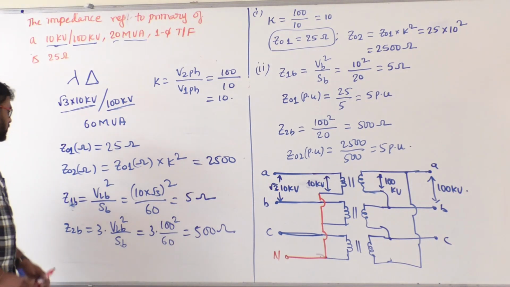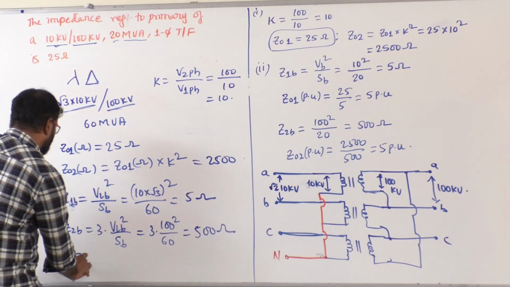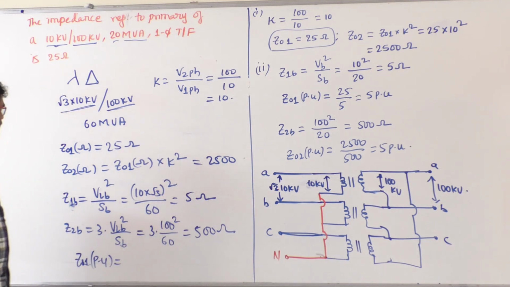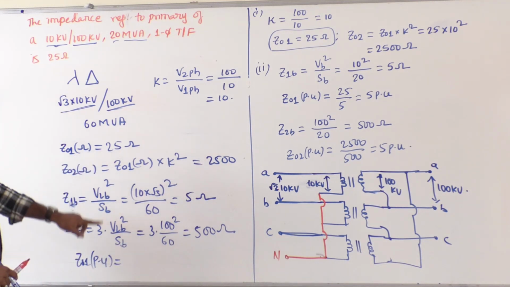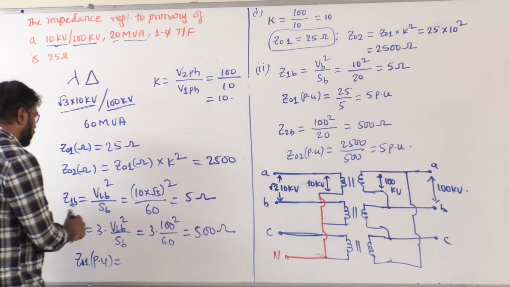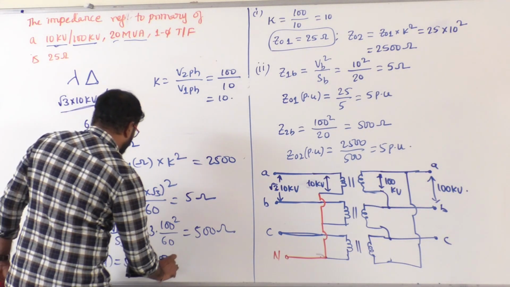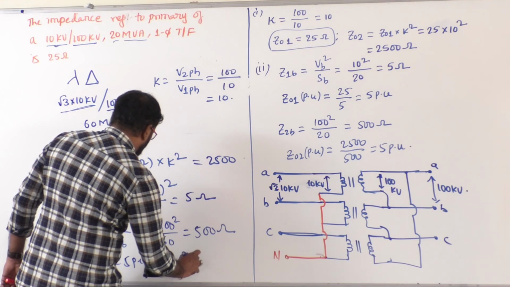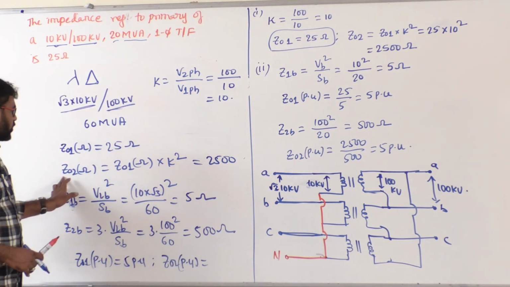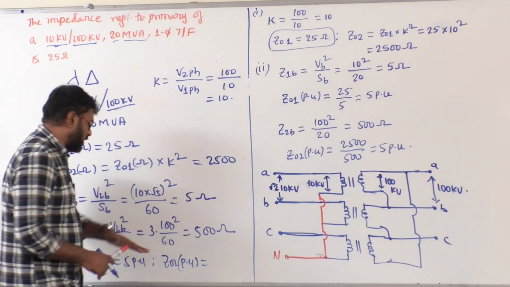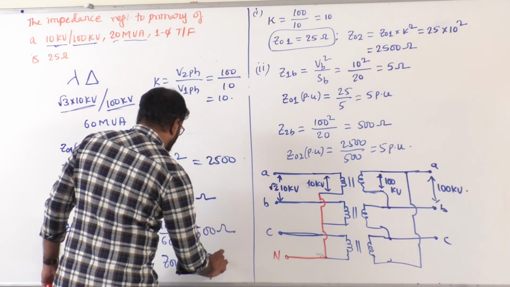So what is Z01 per unit? Z01 actual by Z1 base, so 25 by 500, that is 0.05 per unit. Now what is Z02 per unit? Directly I am writing, don't get confused. Z02 actual is 2500, but Z2 base is 500. 2500 by 500, again 5 per unit.